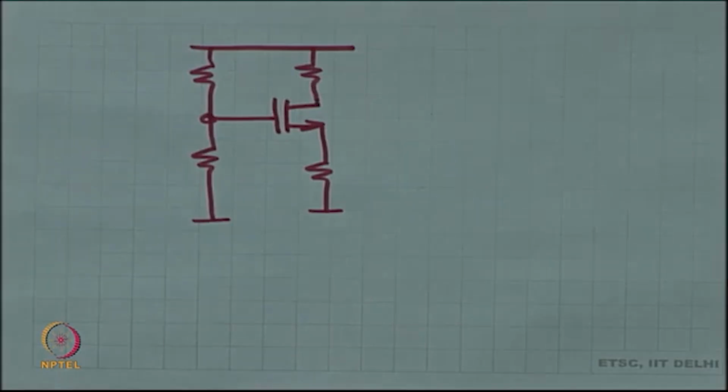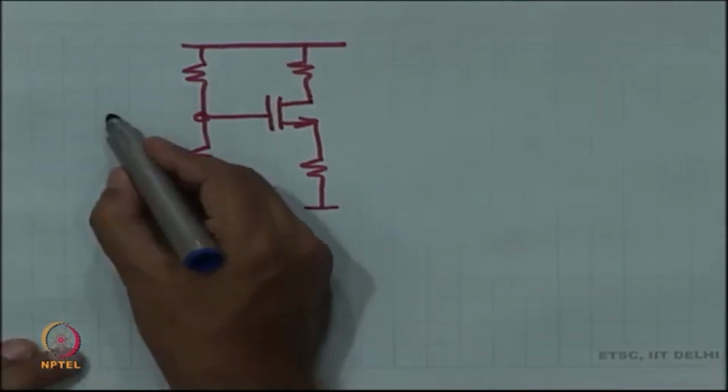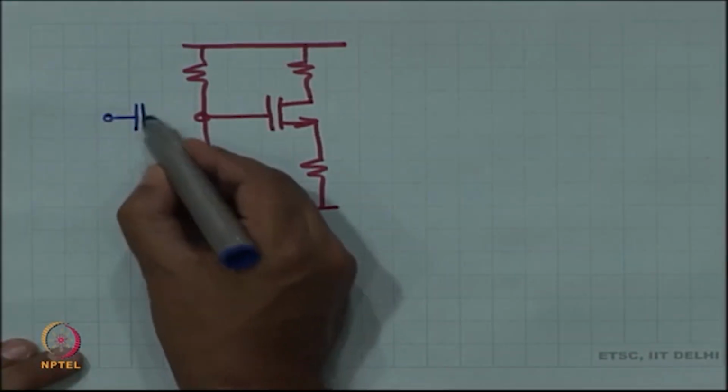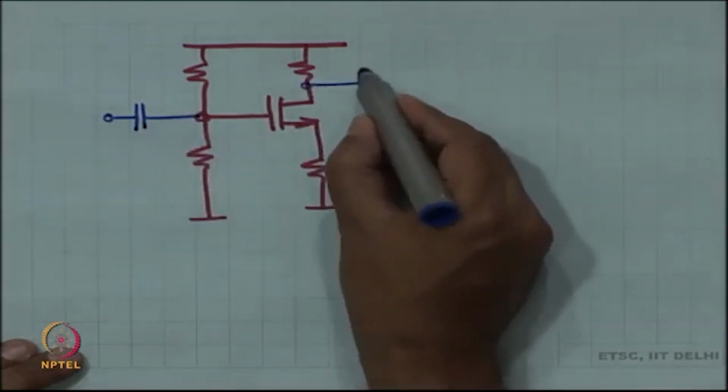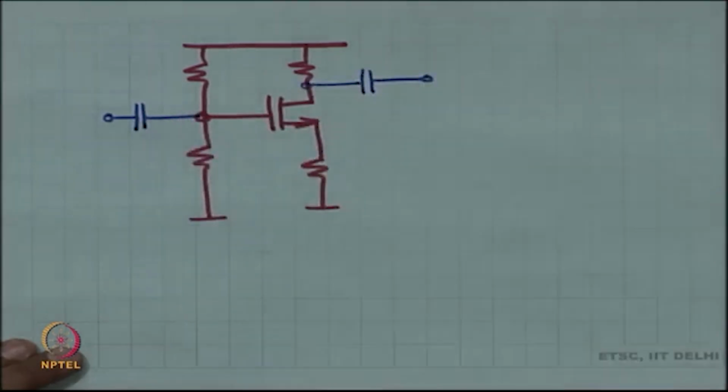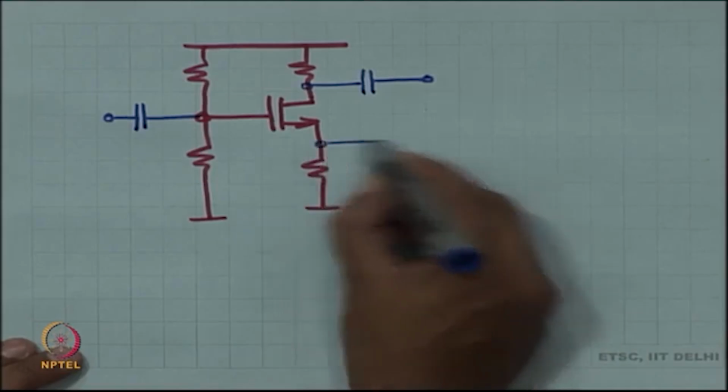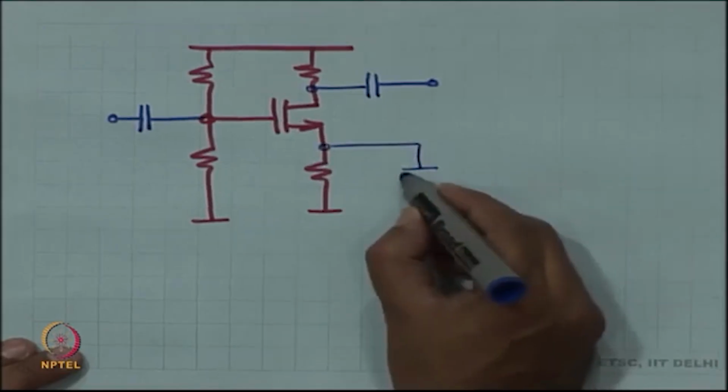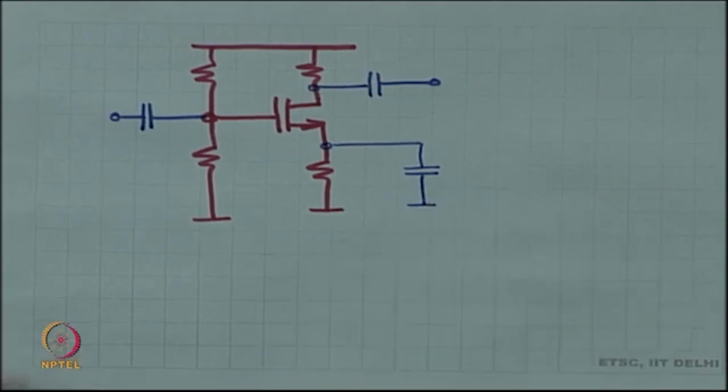Then on top of this, we had all the capacitors. This is your input capacitor, this is your output capacitor. I am drawing the common source amplifier, and this is a capacitor which clamps the voltage at the source to a fixed value. Okay, this is our setup.